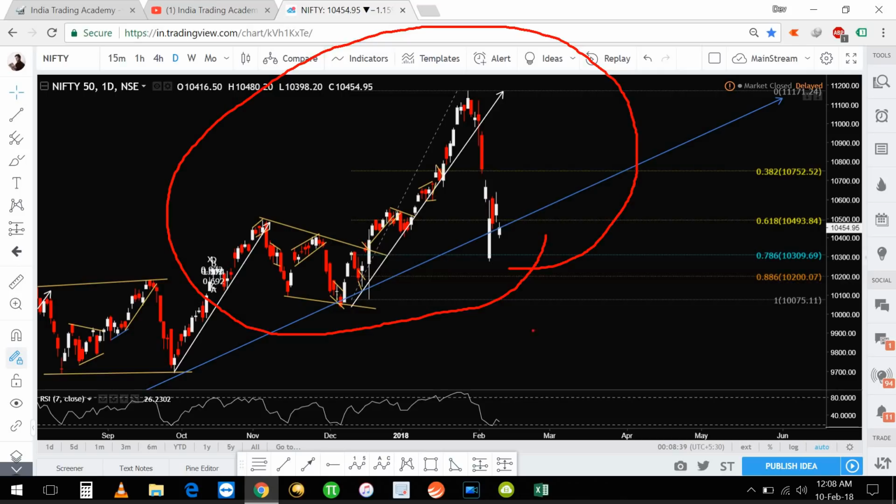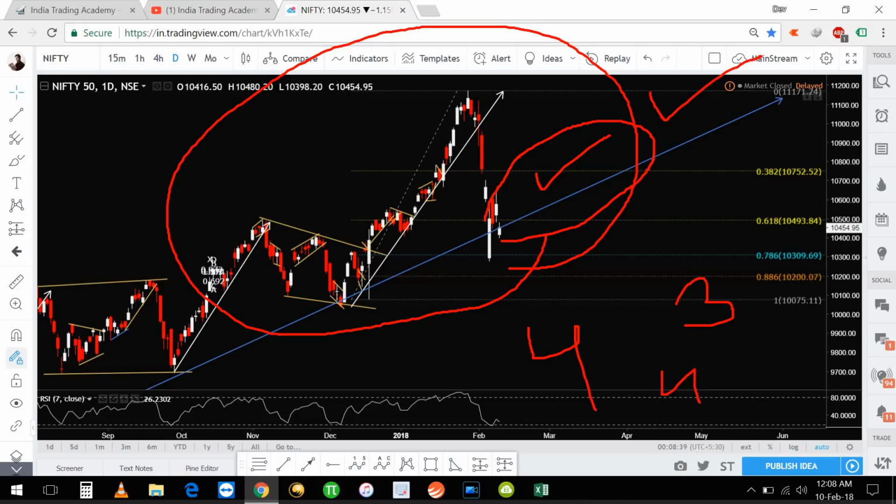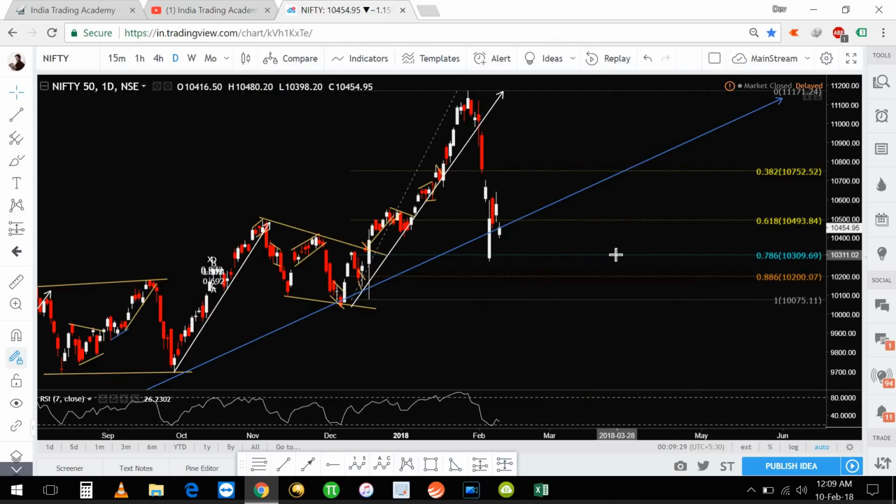I have very specific 4 conditions to call it a reversal pattern. 3 out of 4 have been completed in the market, so only the 4th condition remains. Once that condition is met, we can declare it a reversal pattern. We might then see a monthly or weekly correction on Nifty, just like 2015 or so. So we could start a downtrend for a short time, a short-term correction on the monthly and weekly charts, but for that we will have to give it some time.